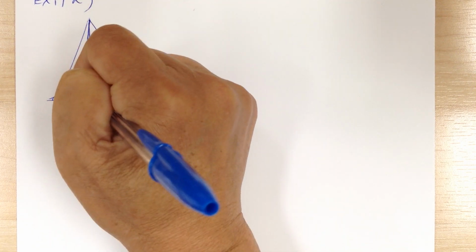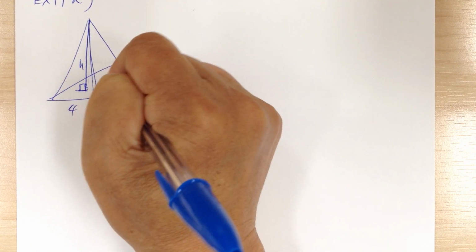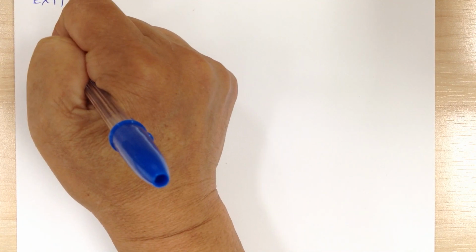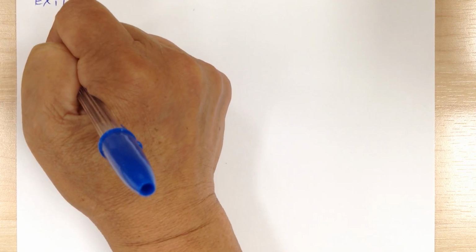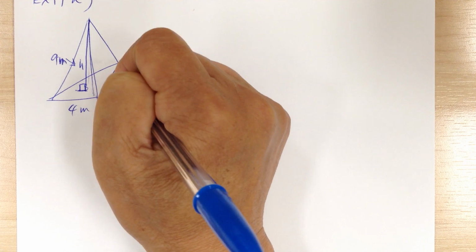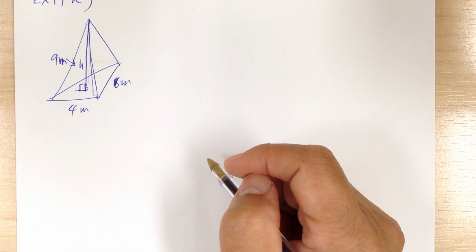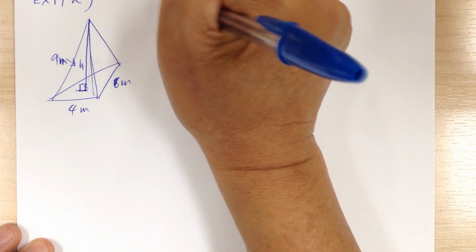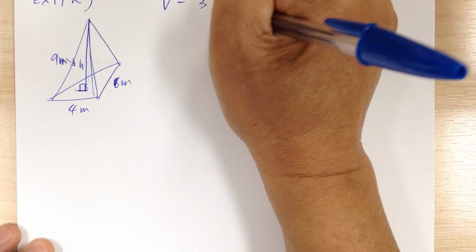When it goes perpendicular down, that's your height. So this is 4, 6, and the height is 9 meters. Whenever you're looking for the volume, you can write down your formula. Volume equals, it's a pointy top, so it'd be 1/3 base area times height.